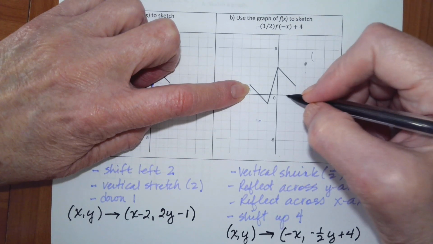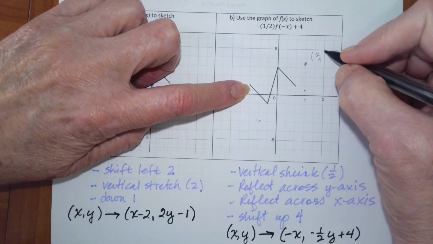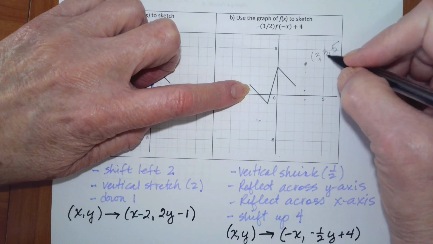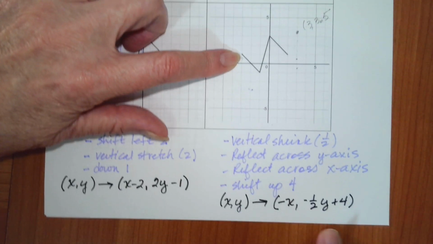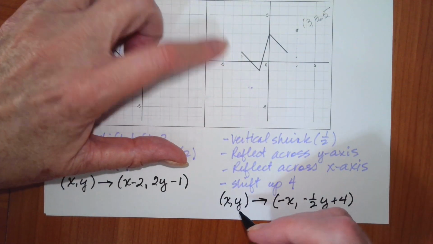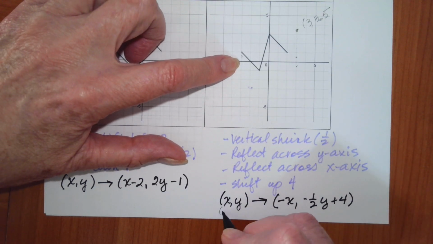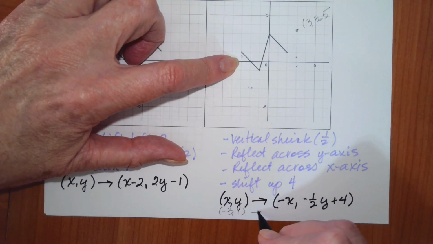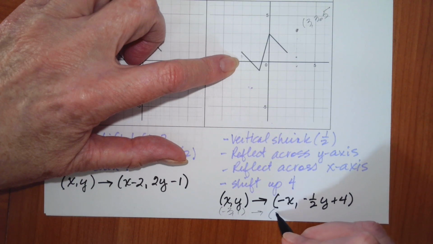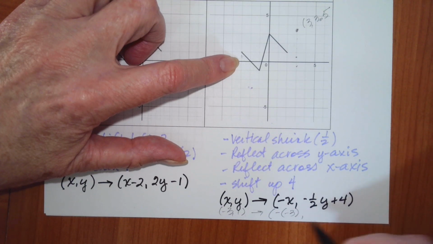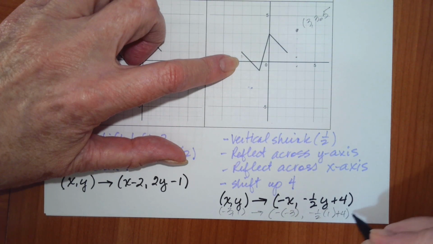So this point becomes 3.5. Now, if you want to test one and see if you're doing it correctly, take the point -3, 1, take the opposite of -3, and then negative 1/2 times 1 plus 4, and we get 3, 3.5.